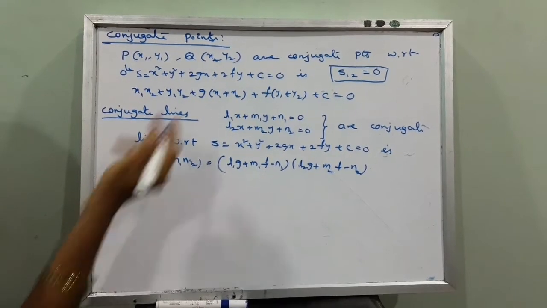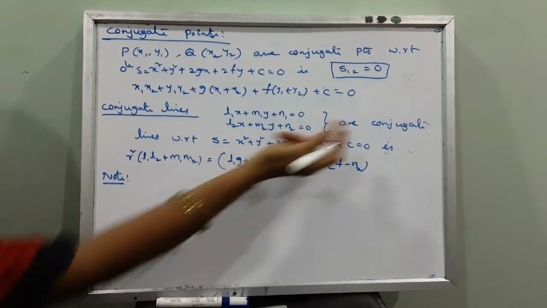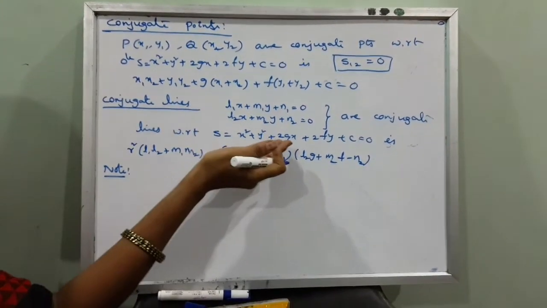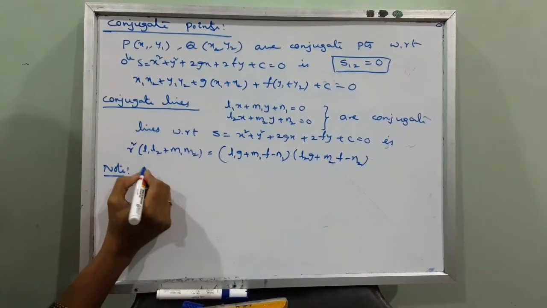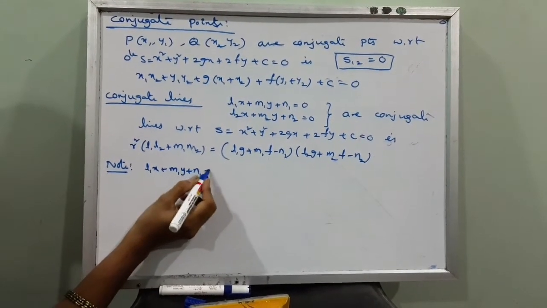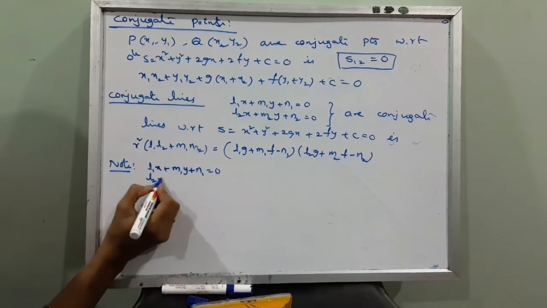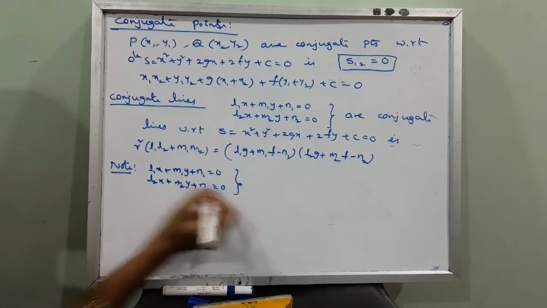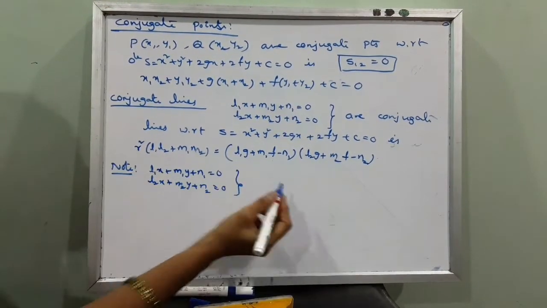Note, the same lines are conjugate to each other. Here, with respect to the standard form of a circle, I am taking the same lines: L1x plus M1y plus N1 is equal to 0 and L2x plus M2y plus N2 is equal to 0 are two conjugate lines with respect to each other.